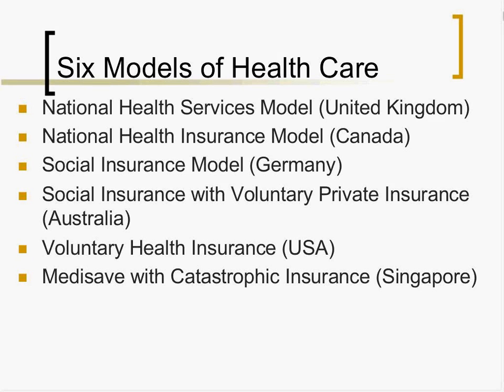In the US, the system is almost entirely based on voluntary insurance, both social insurance, health in the US. The insurance is through voluntary insurance, and there's a whole host of health maintenance organizations who offer health insurance in the US.